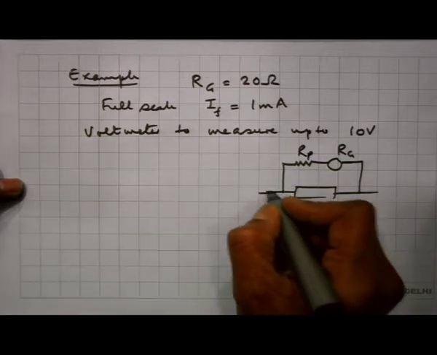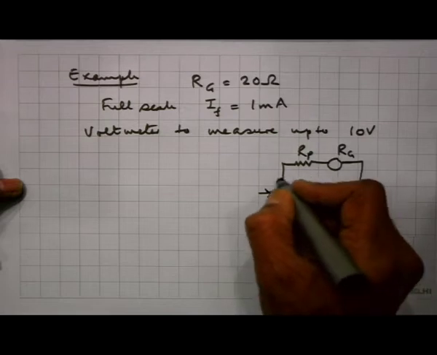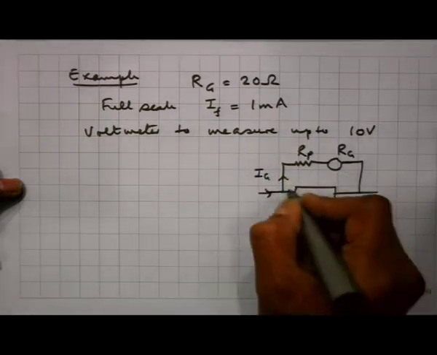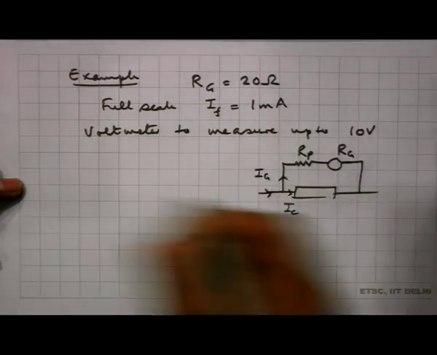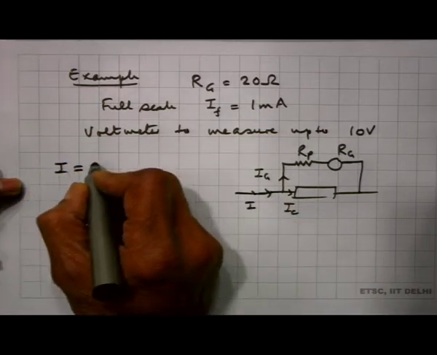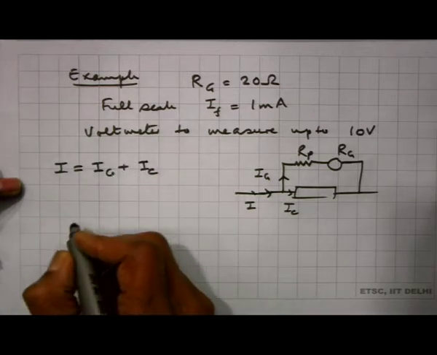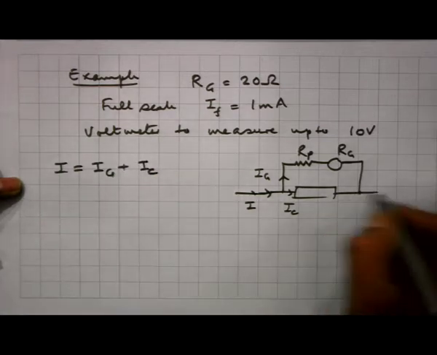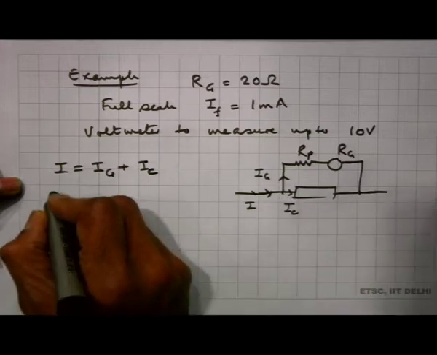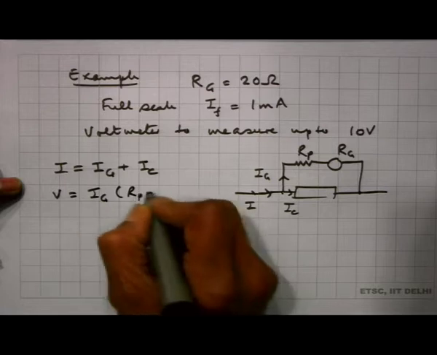Now, the current: let me call this I galvanometer and I circuit. So, this is the current which is coming, I. So, I is equal to I galvanometer plus IC, and the potential difference across this, V, is equal to Ig into Rp plus Rg.